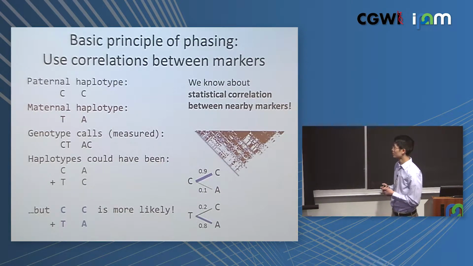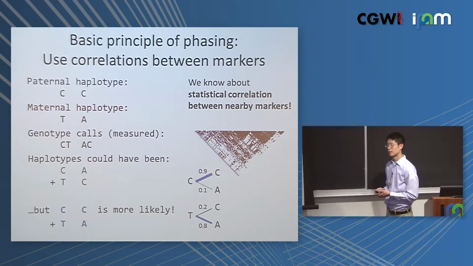Well, then, as probably most of you have already figured out, you would be able to infer that the correct set of haplotypes is much, much more likely to be C followed by C and T followed by A, as opposed to the opposite combination.